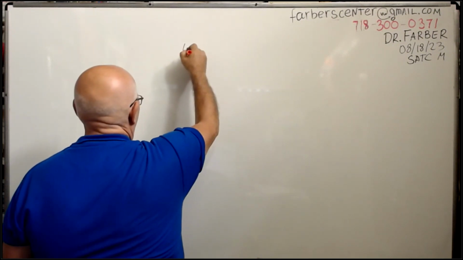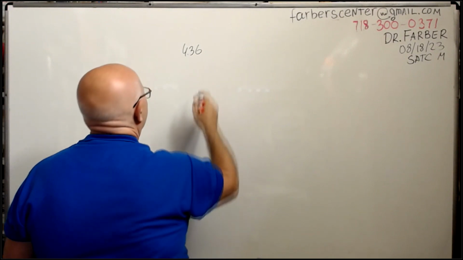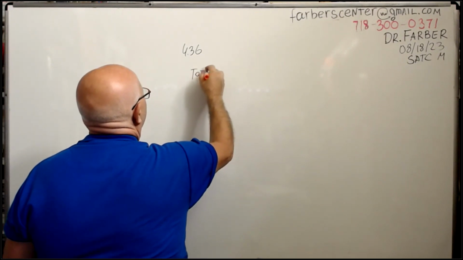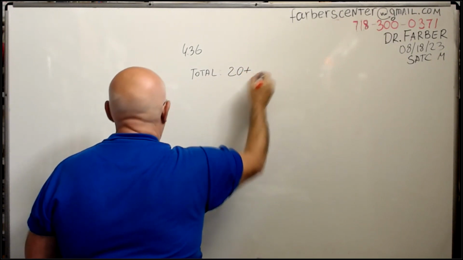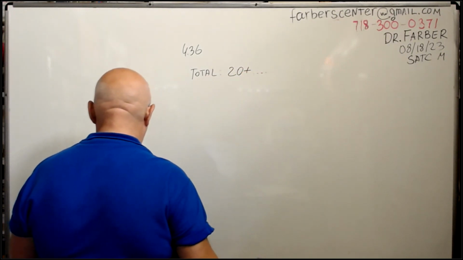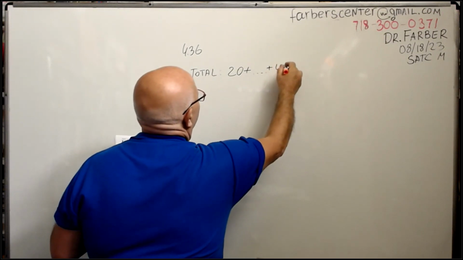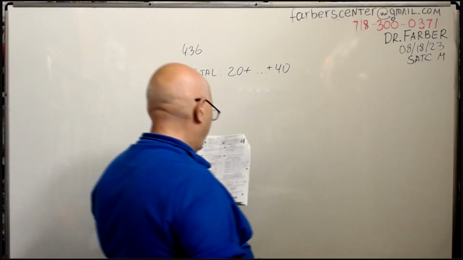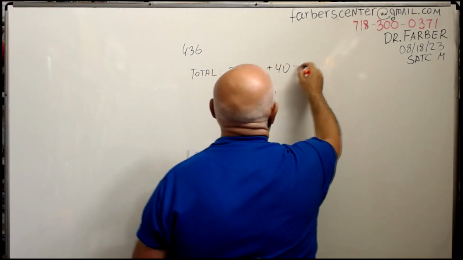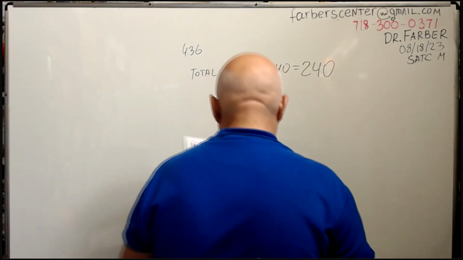436. Number sold. Total. 20 plus and so on. And the last one is 40. I count the rightmost column. I get to 240.